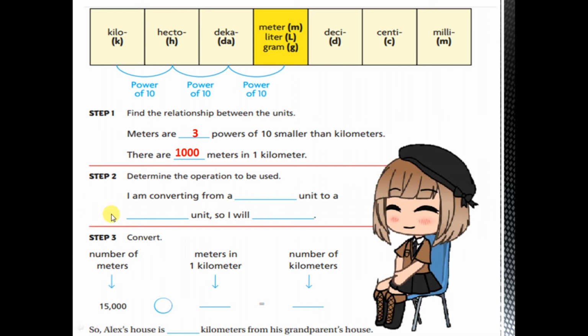In case I convert from a small unit to a great unit, I will go to the left, right? So I should divide. If you go from the least unit to the greatest unit, you will go to the left and you will divide. If you divide by 1000, you will minus the 3 zeros here, and the final answer will be 15.